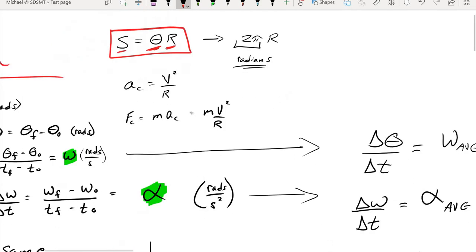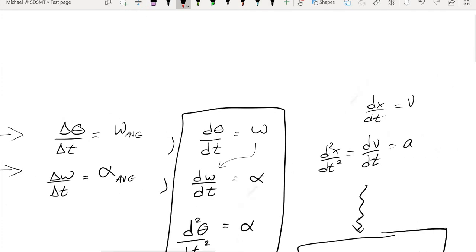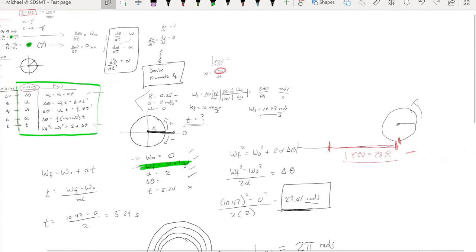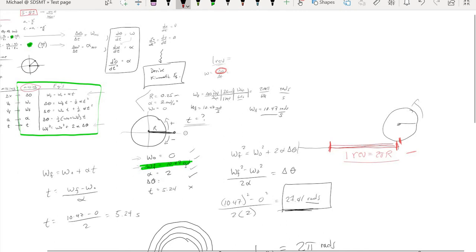Well, that arc length is the equivalent to unraveling that wheel multiple times as it goes down the road. So we can use that arc length expression right now to tell us how far down the road this wheel is going to get.